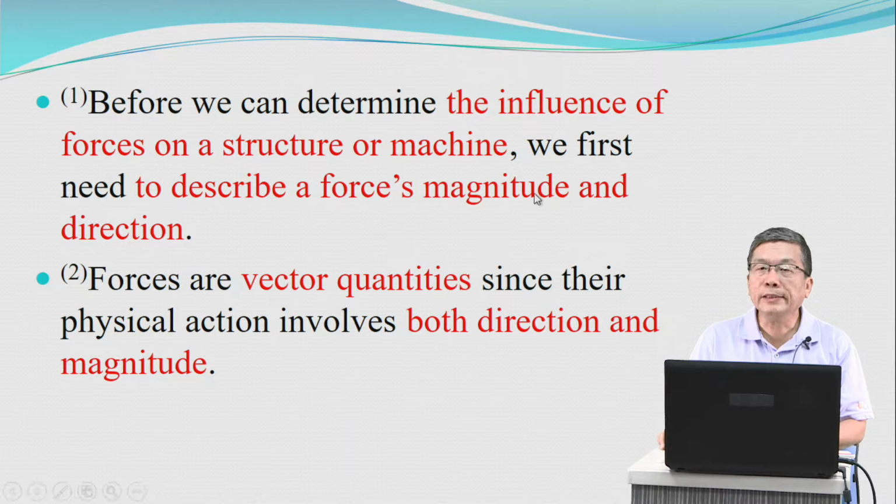Before we can determine the influence of forces on a structure or machine, we first need to describe a force, magnitude and direction. Forces are vector quantities, since their physical action involves both direction and magnitude.